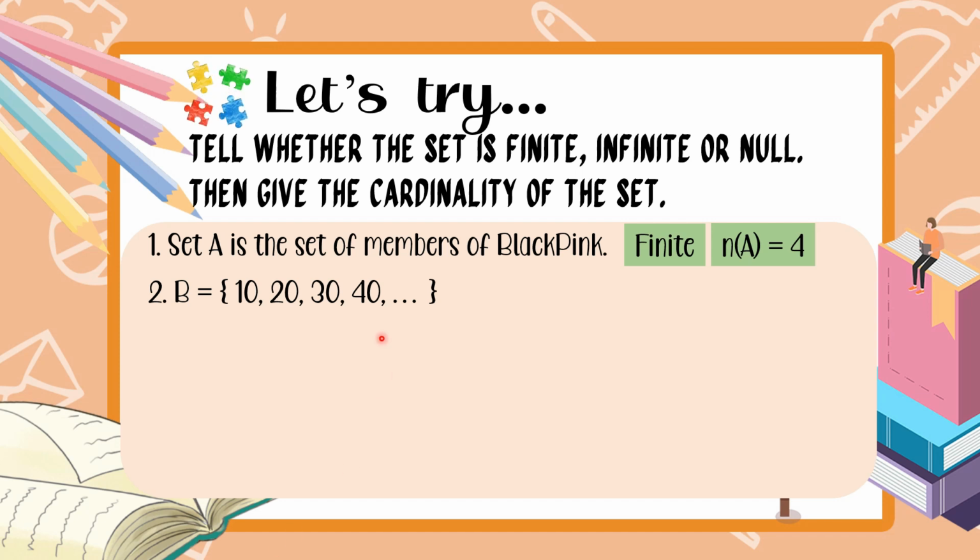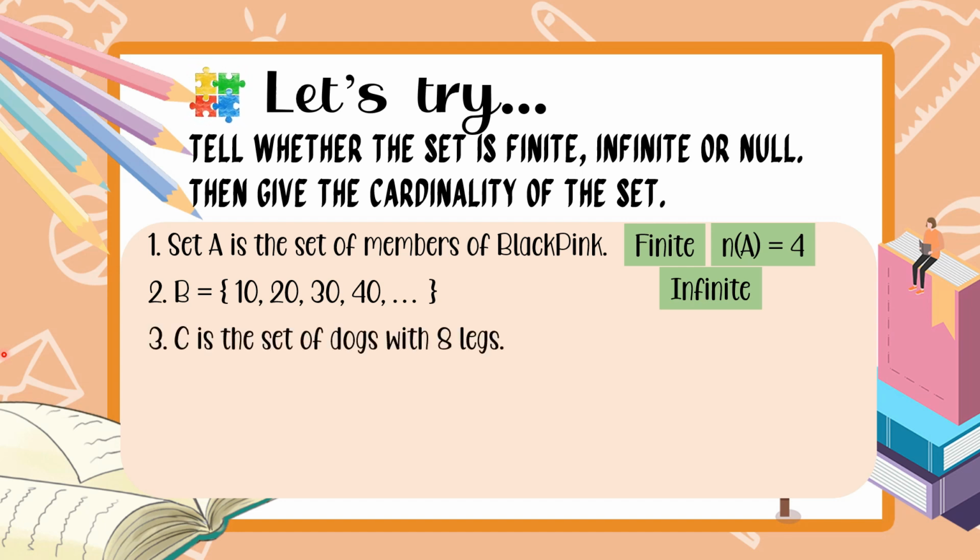Take a look at the ellipsis here. Since we have the ellipsis here, this indicates that the set is infinite. Ibig sabihin, walang katapusan yung ating set. Hindi natin malilista lahat ng elements. Therefore, we cannot give its cardinality.